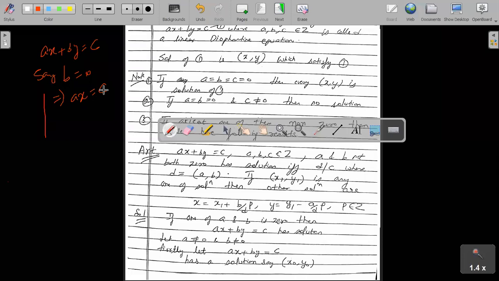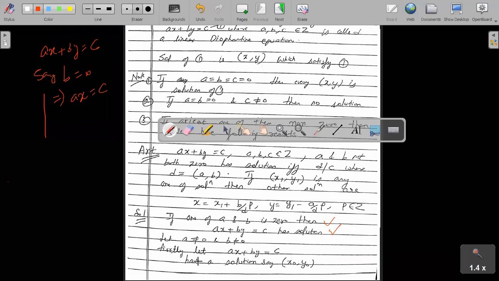Yes, ma'am. So we can find the value of x. Right? So what I want to say is, if one of the variables is 0, then the solution is very much trivial. So how much is the value of x from here? c by a. You give any value to y because b is 0. If b is 0, then the role of y ends. So this will be the solution of the equation. So you see, if one of a and b is 0, then ax plus by is equal to c has a solution. So this is a trivial case, right?